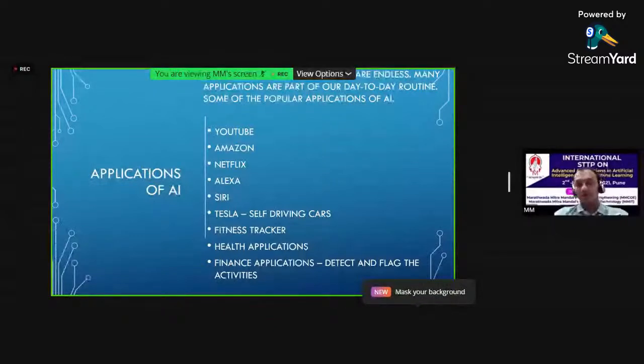Based on that, it will recommend. If I don't get up from my chair after an hour, my fitness tracker starts beeping and alerting me, it's time to walk, it's time to take a break. That's how it alerts people and triggers alertness.